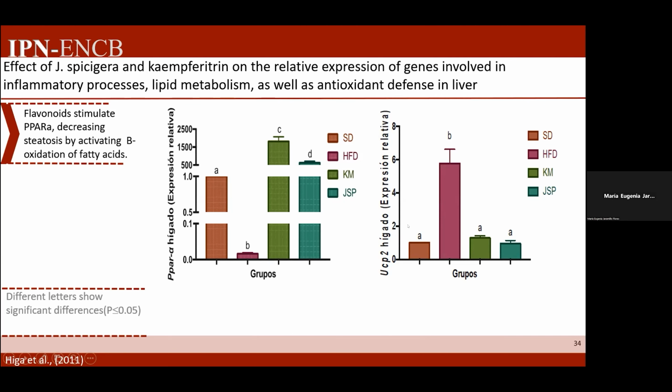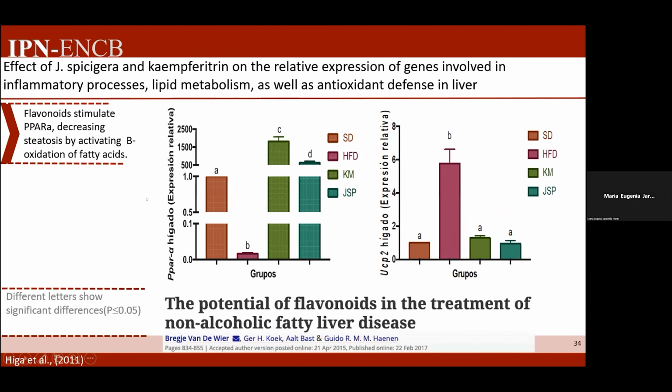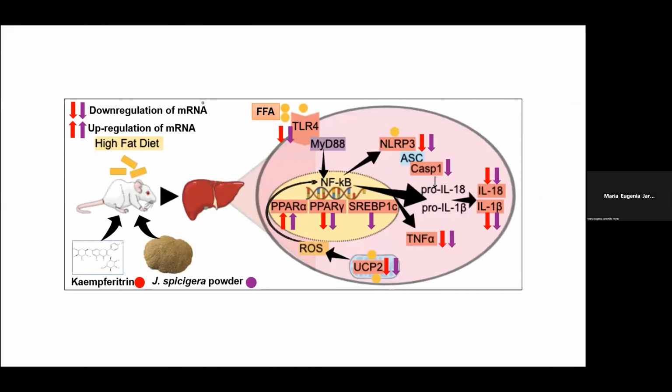In the case of UCP2, there is a very high increase in the high-fat diet, and kaempferitrin and Justicia spicigera reduce this protein in the liver. There are several reports that mention that flavonoids stimulate PPAR alpha, decreasing steatosis by activating beta oxidation of fatty acids.